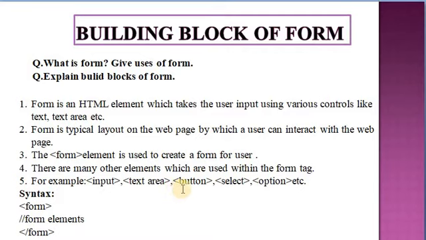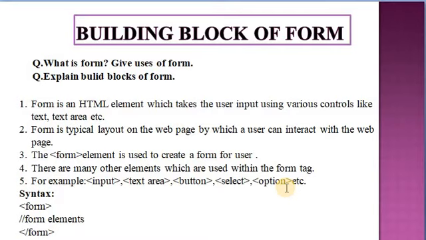There are many other elements which are used within the form tag, for example input, text area, button, select, option, etc. HTML allows us to place these form components on the web page and send the desired information to the destination server.